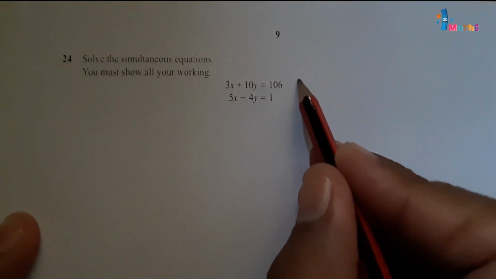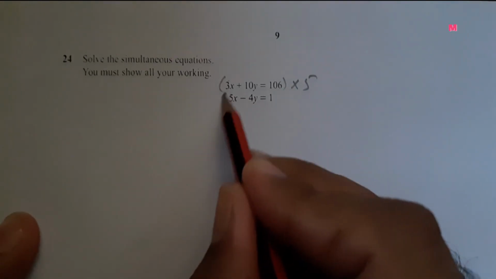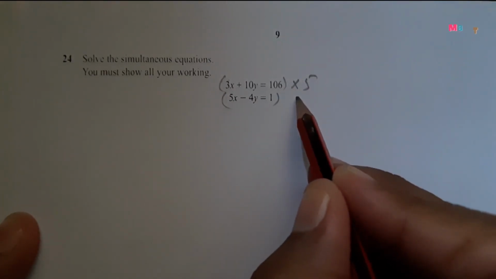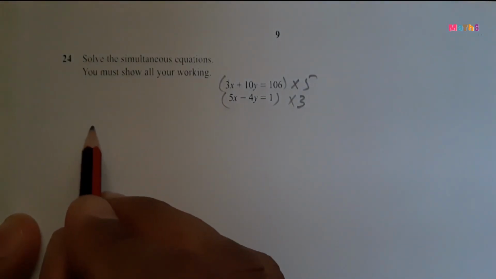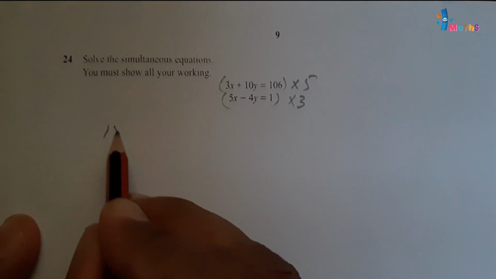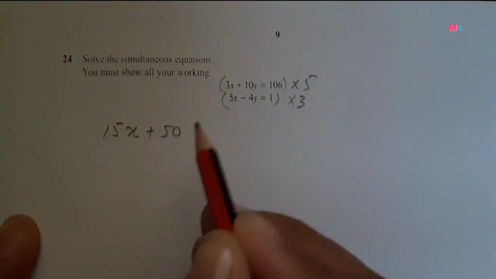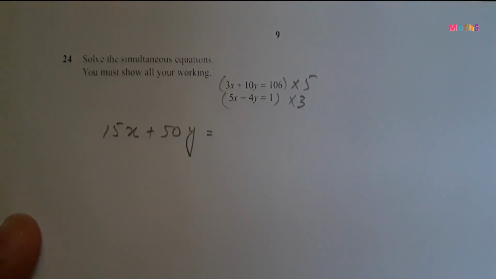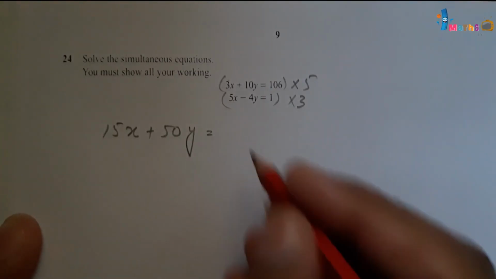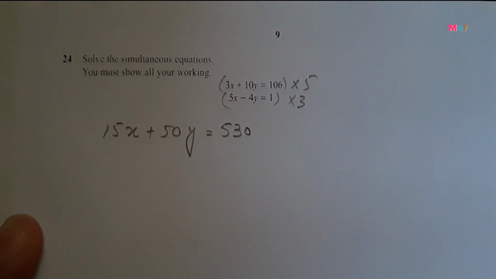I will multiply the first equation by 5 and the second equation by 3. After multiplying we will get 15x plus 50y is equal to 530, since 106 multiplied by 5 is 530.